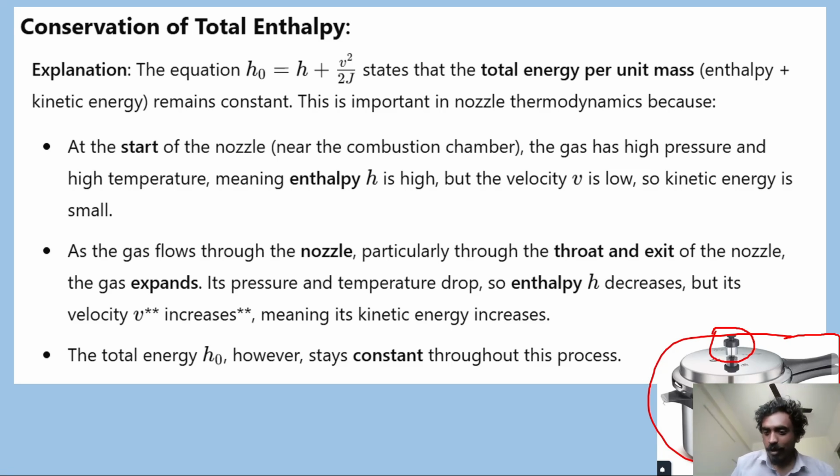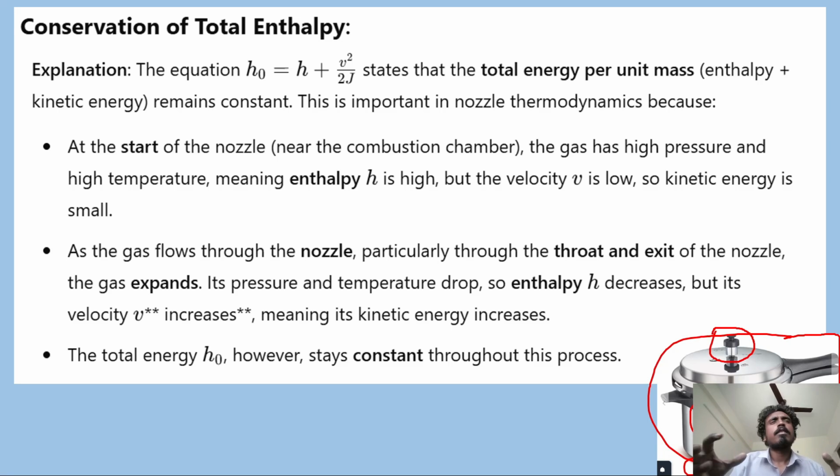So that's what is happening here. Inside, the gas temperature is increasing because heat is provided, from the burning or whatever heats the gas. So the temperature of the gas is increasing, and the pressure of the gas is also increasing.